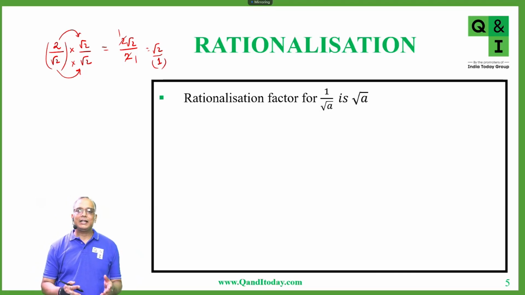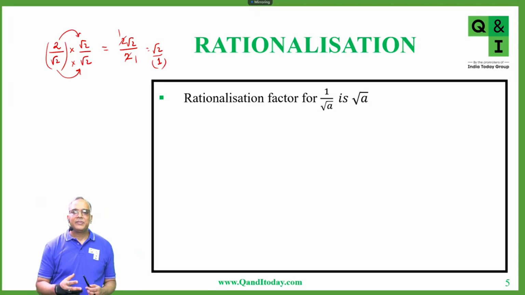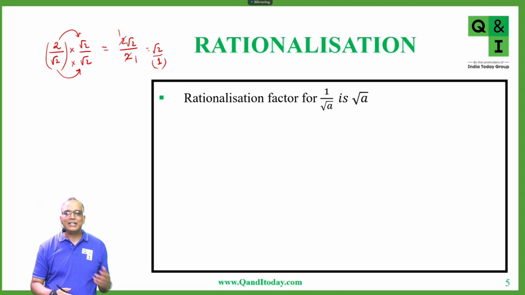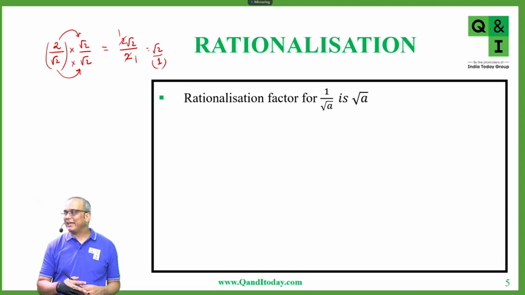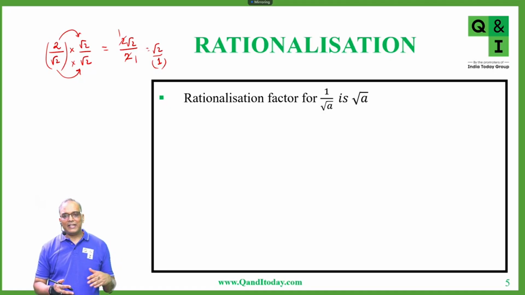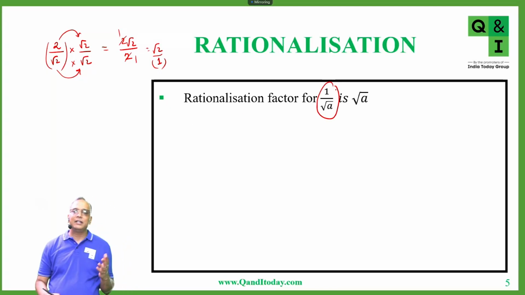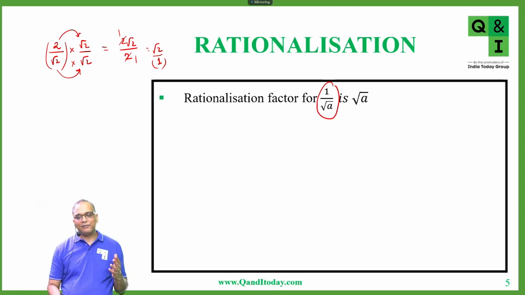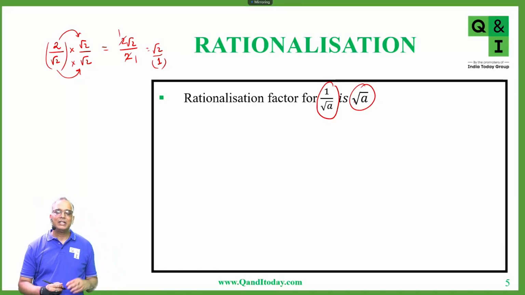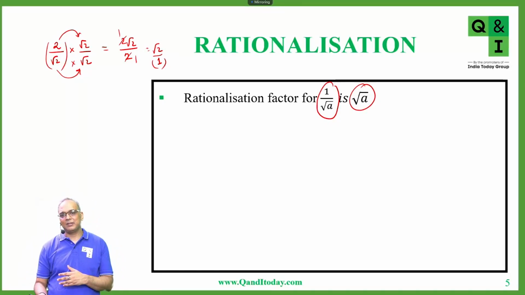So the idea of rationalization is that if there is an irrational number in the denominator, we convert that irrational number into a rational number, right? There are various methods of doing that. So first one is rationalization factor for 1 by root a. If we have some number which is of the form 1 over root a, then we will multiply both numerator and denominator by root a so that the denominator becomes a rational number.